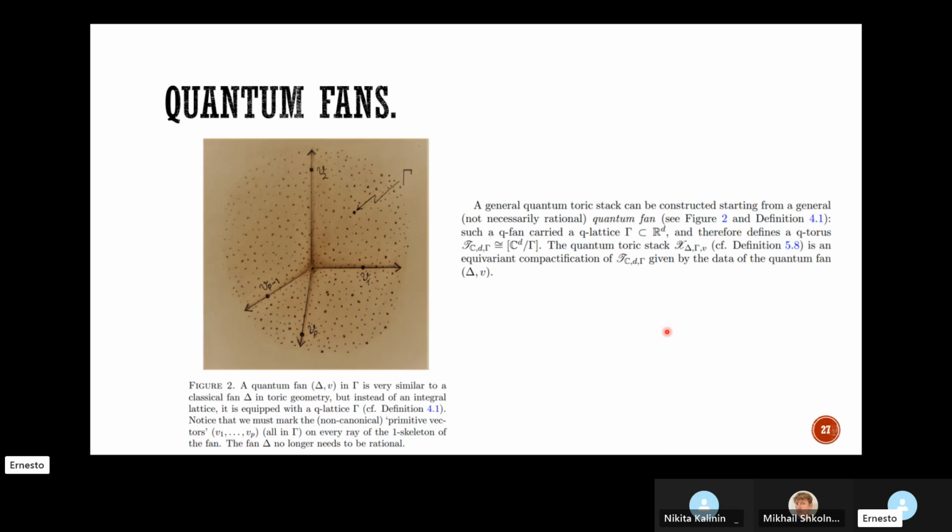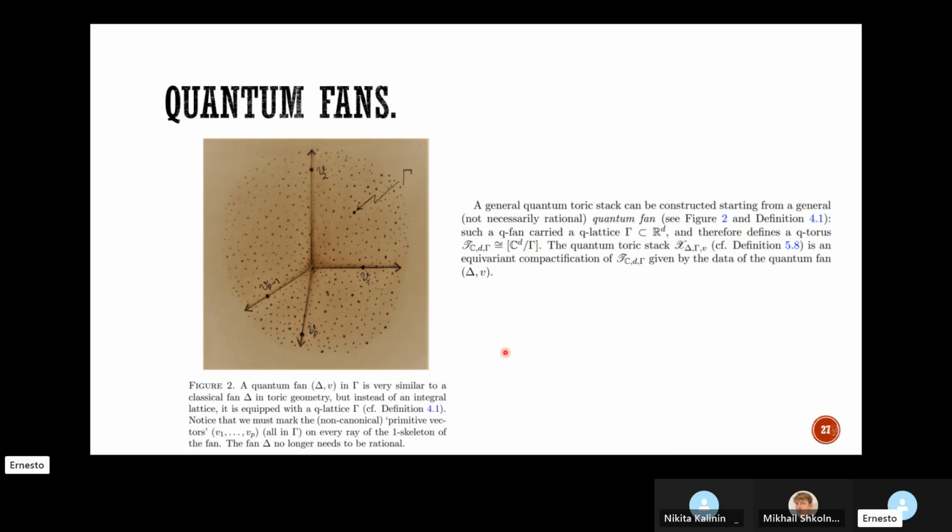Let's think of it just as a quantum torus for a second, CD mod gamma. Remember that I'm looking in this drawing at the transversal of the torus and the holonomy of the foliation.